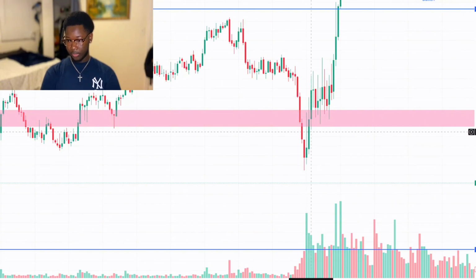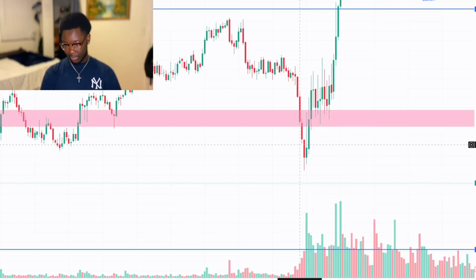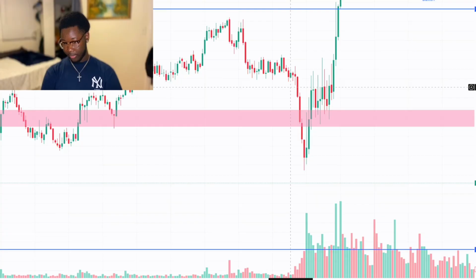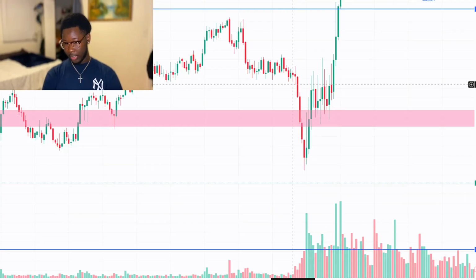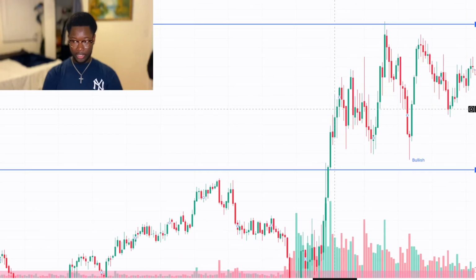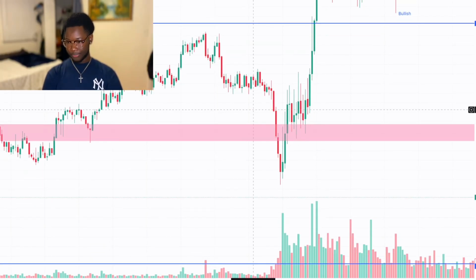Got some green candles. Now, if this wasn't so close to the open, this would be exactly what I would be looking for. I would wait for a closure above here, and I would long targeting this high, TP1, and then the next 4-hour high for my TP2. But it was around 9:30, so I didn't take anything here.